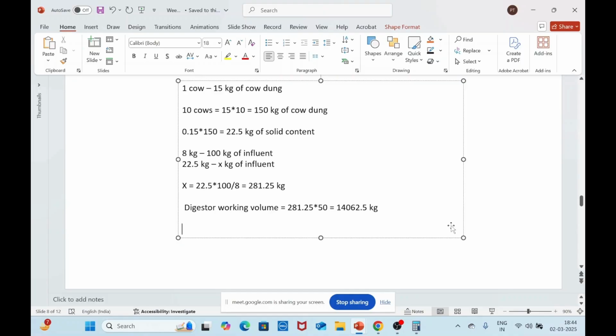So you can write the digester working volume as 14,062.5 by 1000. So that will be around 14.0625 meter cube.